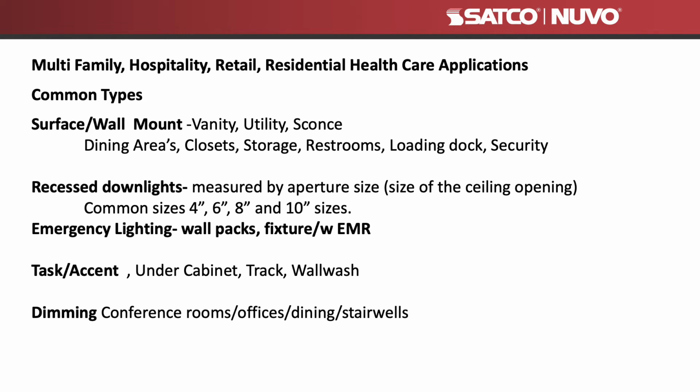Emergency lighting is available in many of our surface mount lights and also our downlights. When task and accents is needed, we'll look at some of our under cabinet, track, and wall washing fixtures. And dimming, very popular in conference rooms, offices, dining, and stairwells. Most of our fixtures do come already equipped with 0 to 10 dimming options.